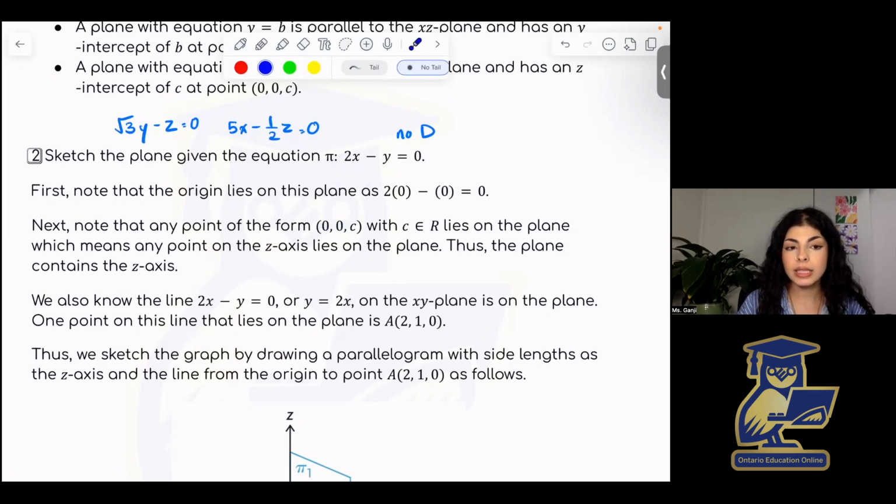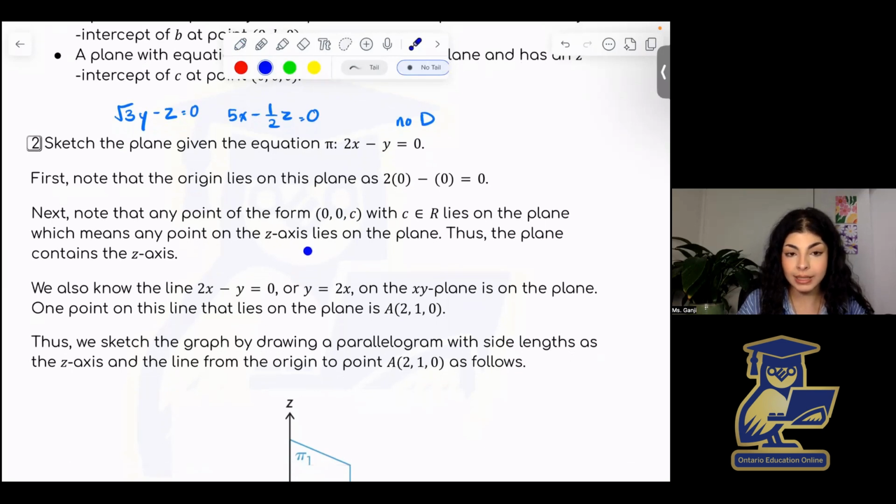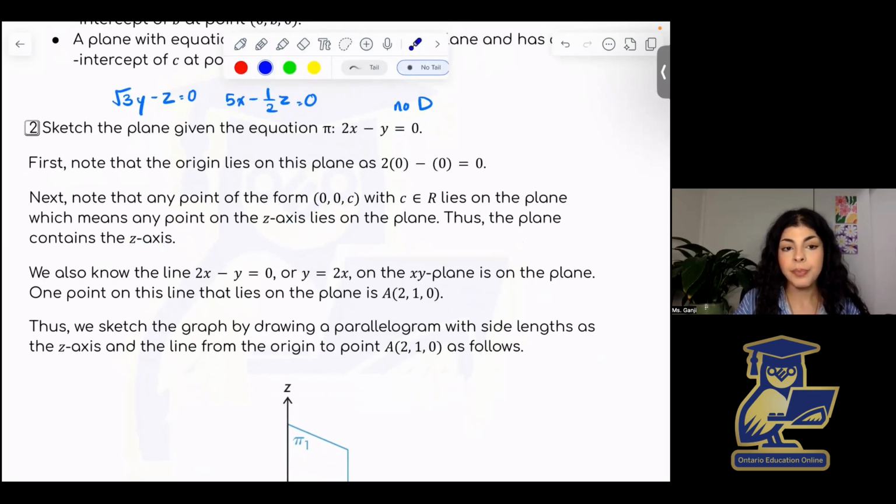What this tells us is that any point on the z-axis, which will be of the form 0, 0, c, is actually a point on this plane as well. So going back to intersections of a line and a plane, we know that the z-axis lies on the plane. So we can say the plane contains the z-axis.